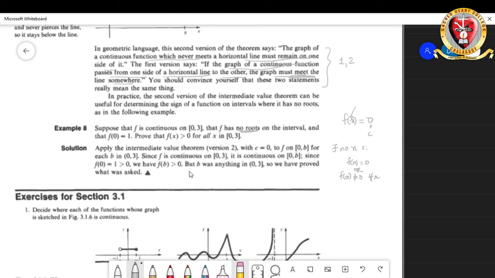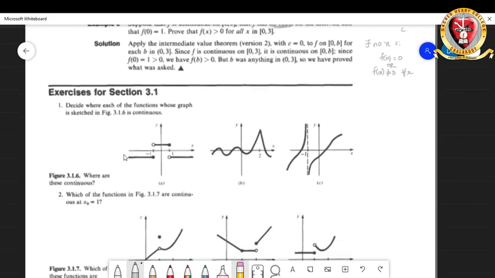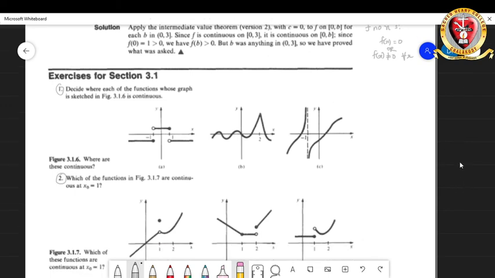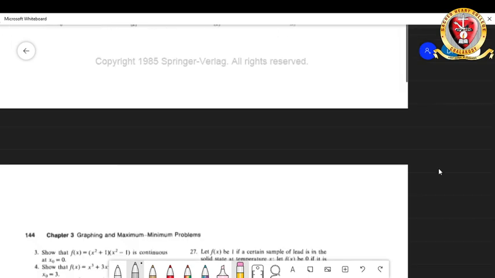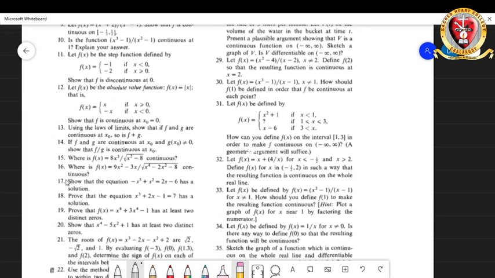You can use your own logic and also try the exercises 1, 2, 3, 4, 5. Then you do 10, 11, 12, 13, 14, and 15.